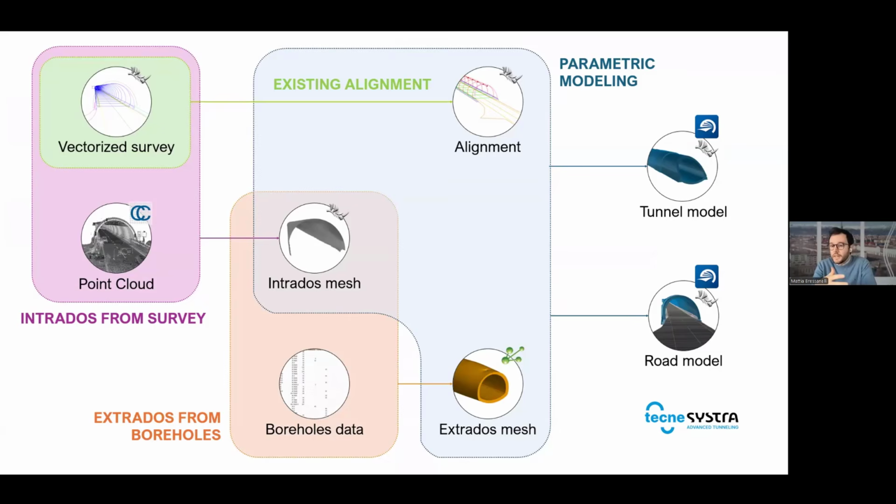And for the extrados, we can't see that, so you can't survey it directly. So we have borehole data that is taken with video tools. They make boreholes in the internal lining, and then with video they see the different layers between the intrados and the extrados, so we can build an estimate of the surface of the extrados.